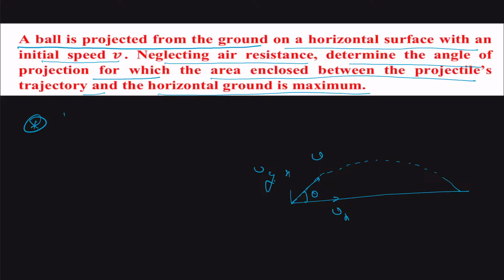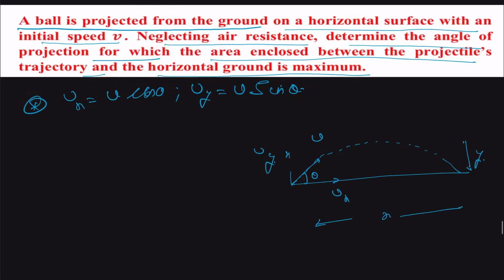So we can write that our v of x is equal to v cos theta, and our v of y is v sine theta. And if the horizontal distance traveled is x, vertically it travels the distance y.